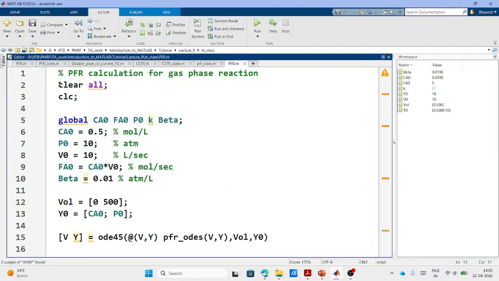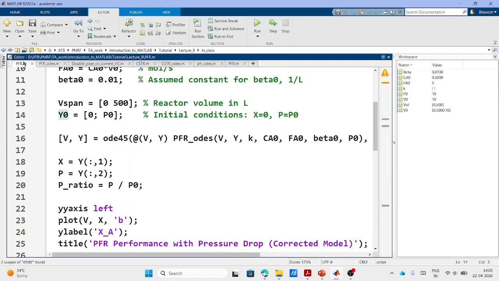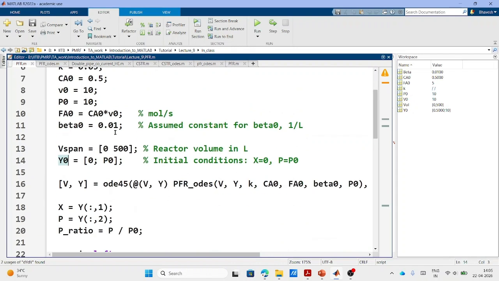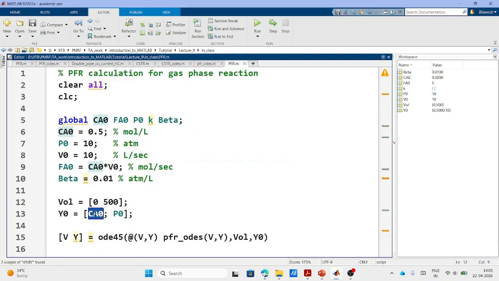Now here, clear all, we are defining the global variable, that is fine. Volume boundary is created, 0 and 500, right? So here this information is given. V span is created. Y0 is written as 0 comma P0. Okay, initial condition. Yeah. This should be 0 and P0.